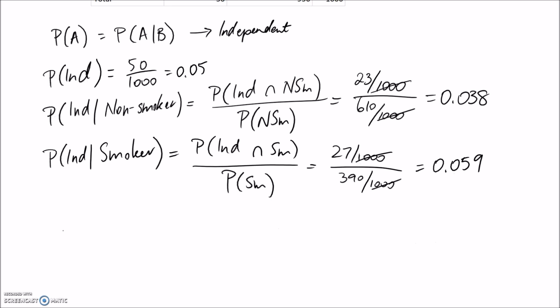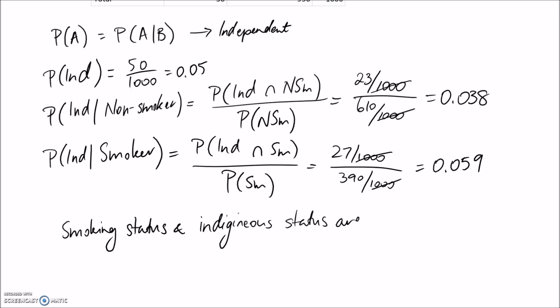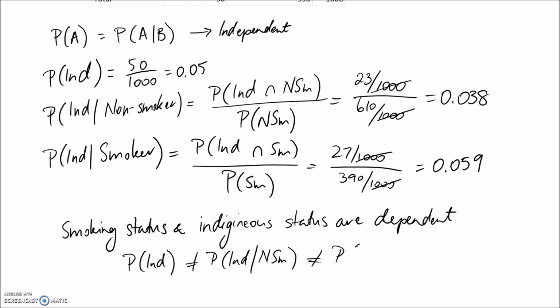Okay, so my conclusion here would be that smoking status and Indigenous status are dependent. And that's because the probability of being Indigenous did not equal the probability of being Indigenous conditional on being a non-smoker or being a smoker. Okay, these were all linked together.